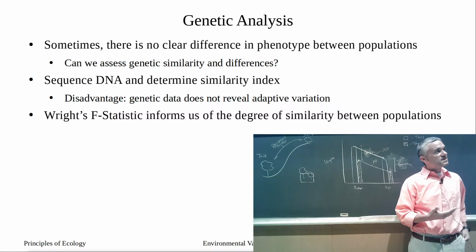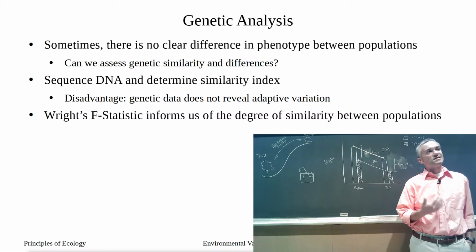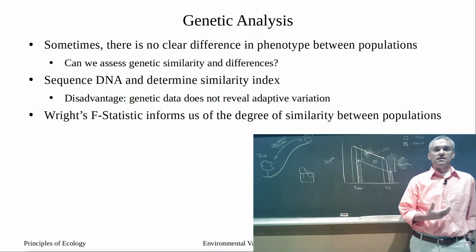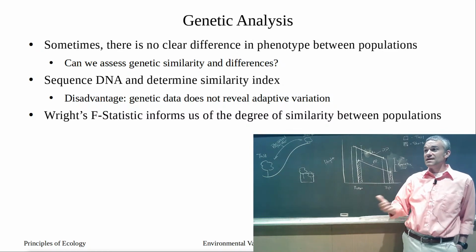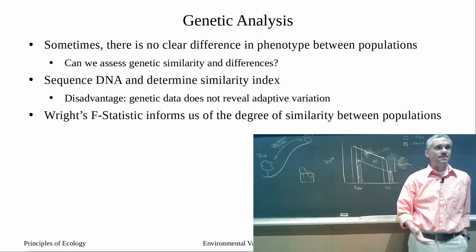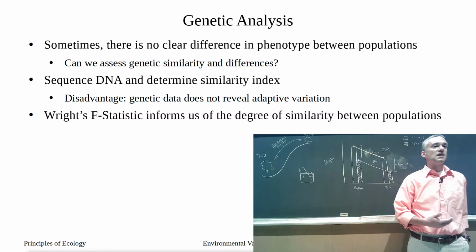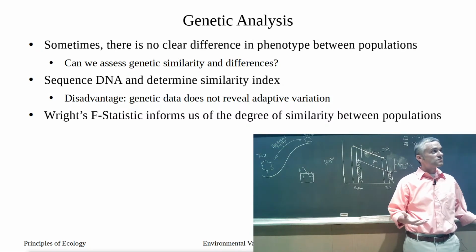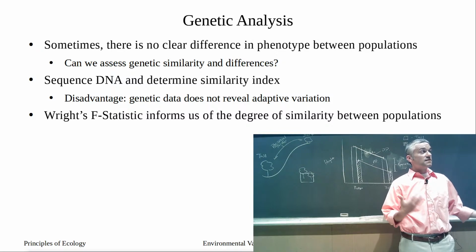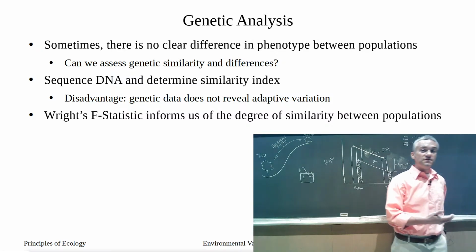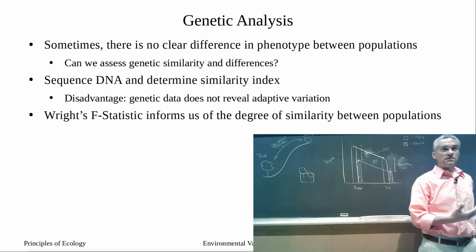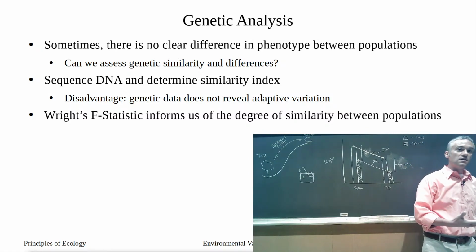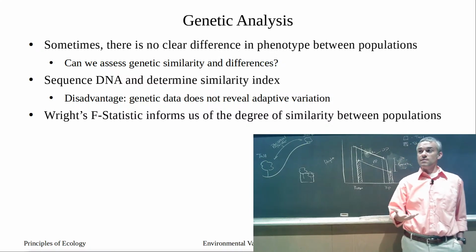However, the big disadvantage of this is that it doesn't really tell us anything about the adaptive variation that's out there. Yeah, we can see differences. We might identify differences in the code, but is that really adaptive? Is it under selection? Does it confer increases or decreases in fitness? Who knows? But even though we might not know the adaptive consequences of this variation, it still informs us about some of the important processes, namely gene flow.